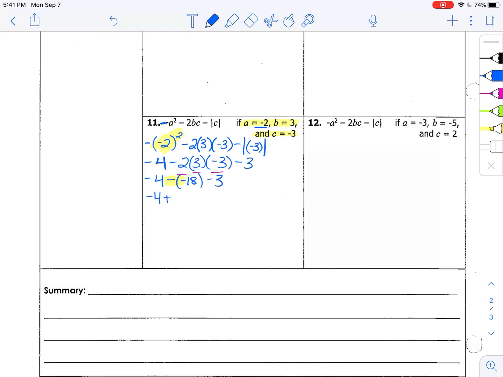I'm going to change it to addition and then change it to a positive 18 instead of a negative 18. And then I'm going to bring down my negative 3. So I went ahead and rewrote that, so then I can add negative 4 plus 18, which is a positive 14, minus 3. And then 14 minus 3 is 11.